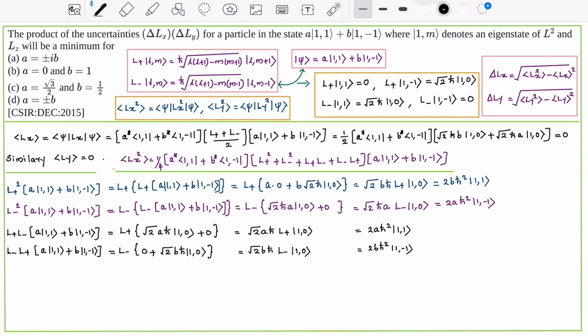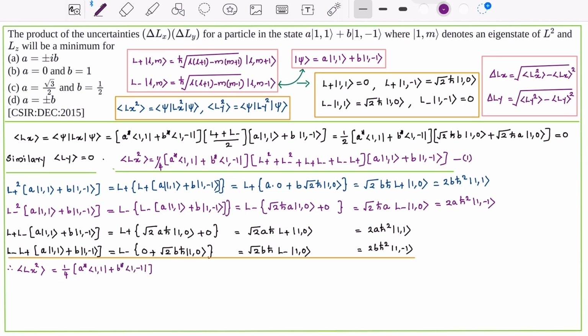Now let us find the expectation value of Lx square. This is equal to 1/4 times, within bracket, A star <1,1| + B star <1,-1|.